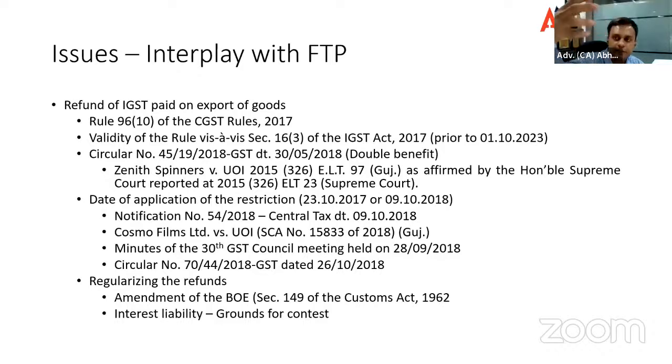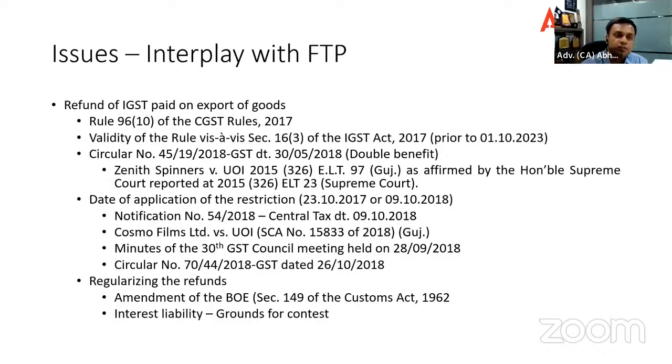On the other hand, exporting the finished product on payment of IGST, and therefore using the domestic credits which are attributable to otherwise domestic supplies for making the payment of IGST on exports, and therefore encashing the domestic credit, which appears to the government to be not just and proper. So it is with that objective that this particular sub-rule 10 has been formulated.